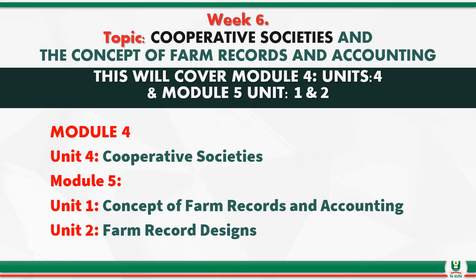That is ruminant animals. Then we'll look at the different types of farm records. This will include feed records, labor records, other cost records, livestock record, meat or beef sales records, milk production records, milk sale records, and so on. We will be able to describe or discuss more on this in week 6.